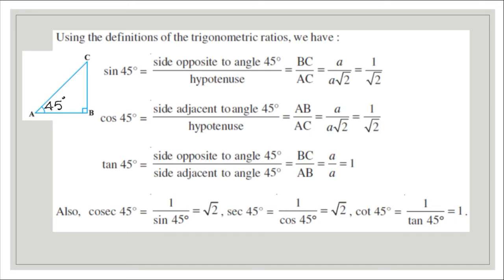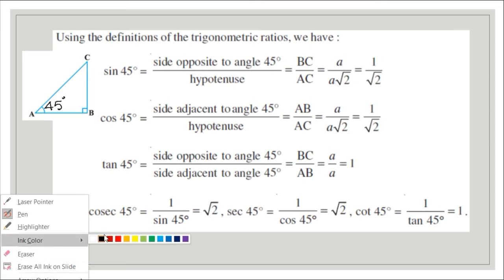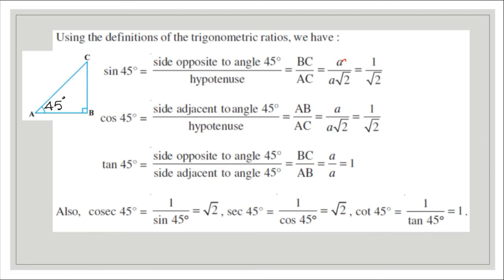Sine 45 degree will be the side opposite to the angle 45 degree, which is BC, upon the hypotenuse AC. So A by A root 2, A and A get cancelled and you are left with 1 by root 2. So sine 45 degree is 1 upon root 2.